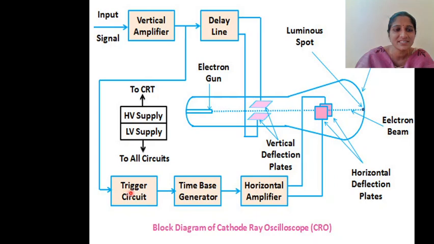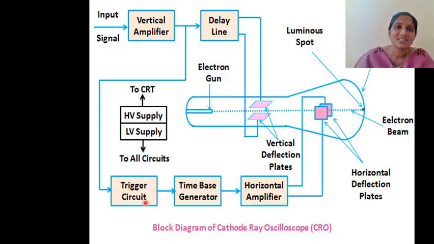You can observe this is the trigger circuit. This trigger circuit will synchronize the vertically amplified signal and the horizontally amplified signal. Synchronize means the signal will not be lost.